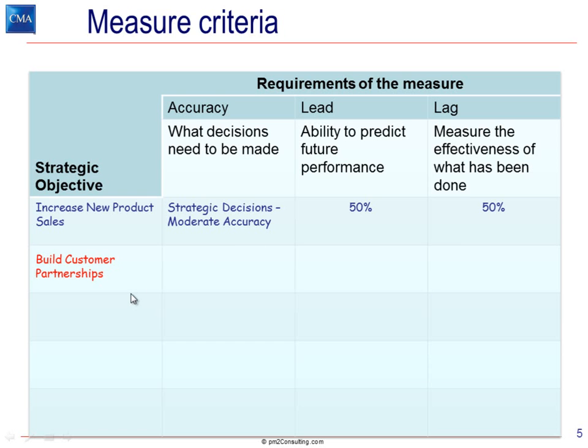Let's take another example. Let's say building customer relationships. Again, that's for strategic decisions, and so we probably need just moderate accuracy. But it's basically a lead indicator. We assume that if we're able to build better customer partnerships from our strategy map, we can link to other things like now understand what parts of our product or processes we should innovate, what parts we should focus our operational excellence activities on, and what parts become fulcrum points for our customer intimacy activity.